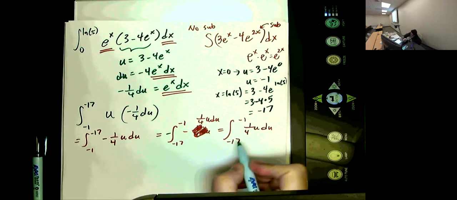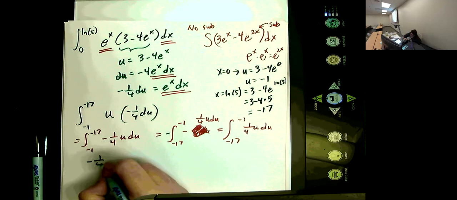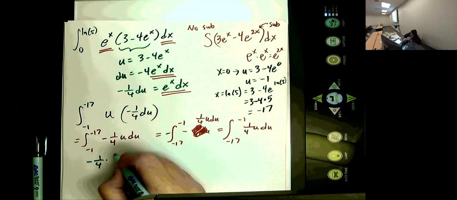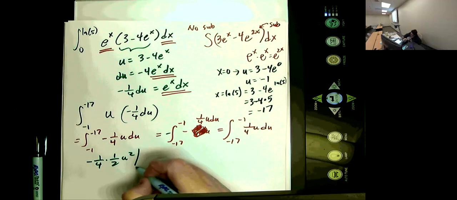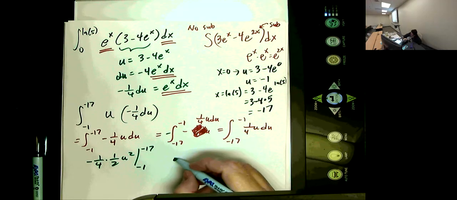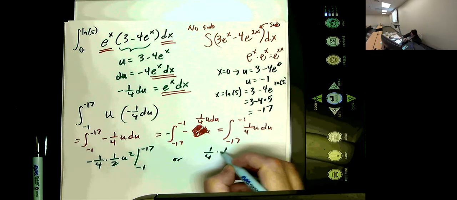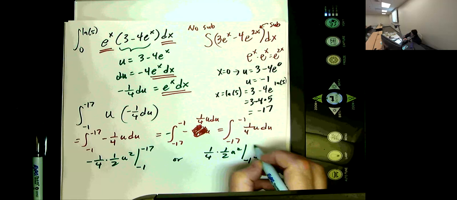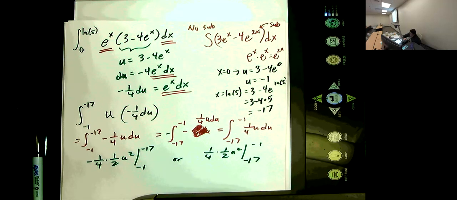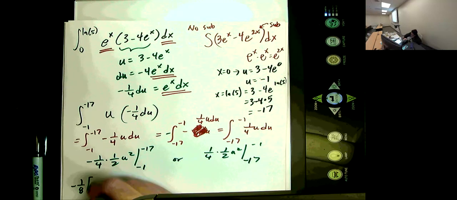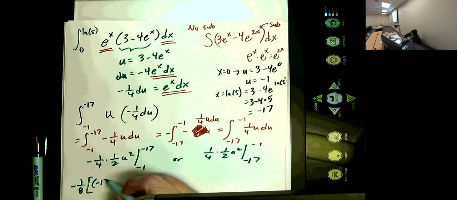All right. Either one we integrate, I'll do this one. -1/4, we go up a power, divide by the power, would be that, -1 to -17. Or we've got 1/4 times 1/2 u squared, -17 to -1. Which is interesting, because the u squared is going to make part of this go away. Are these equal? Let's check it out. I've got -17 squared minus -1 squared.